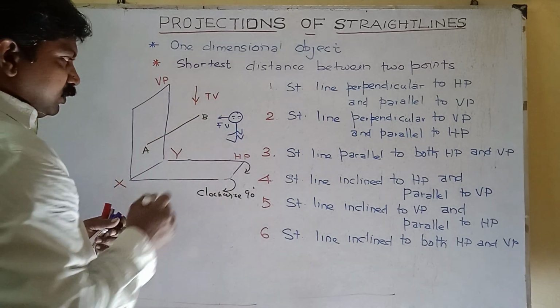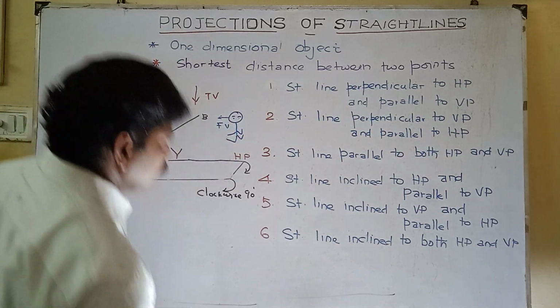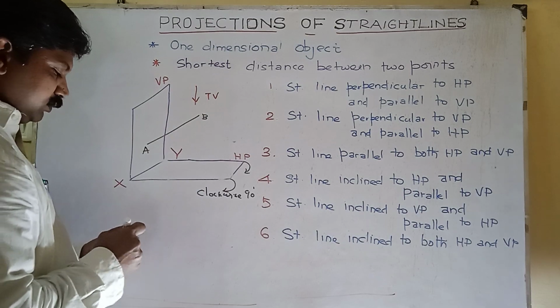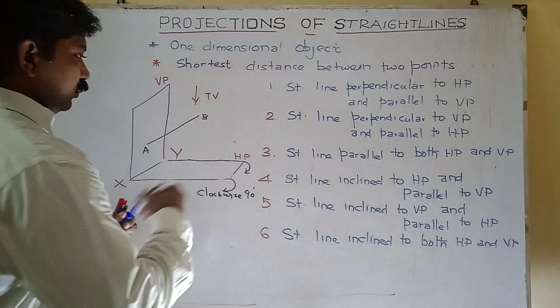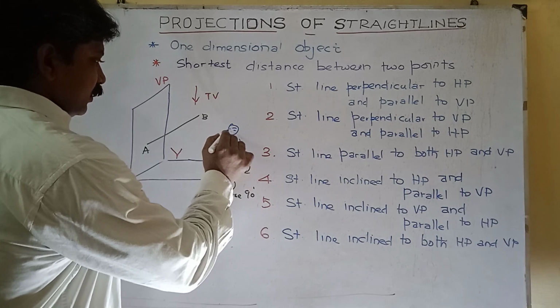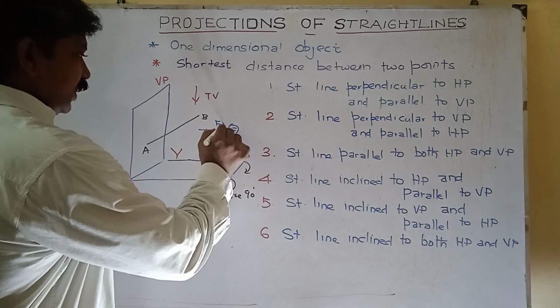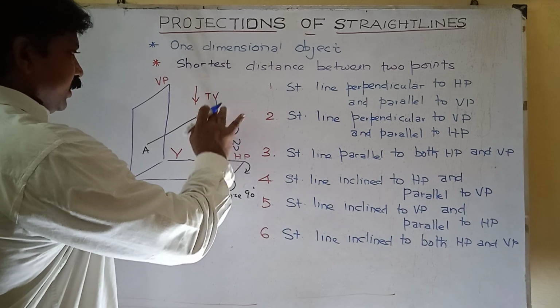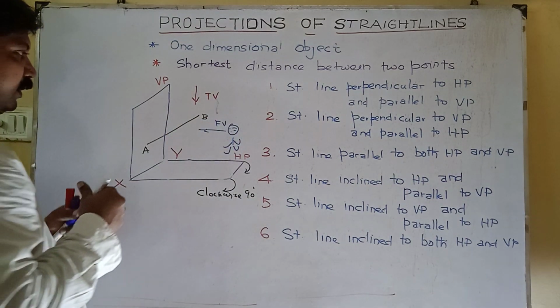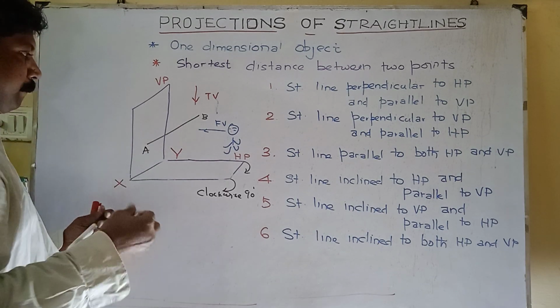So now the front view as a straight line, and top view also a straight line.